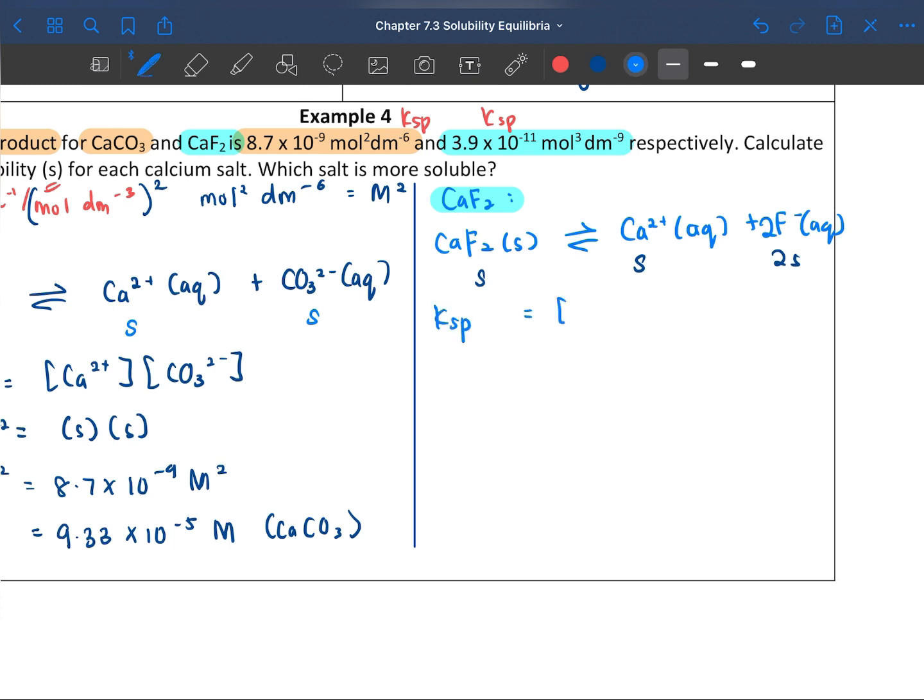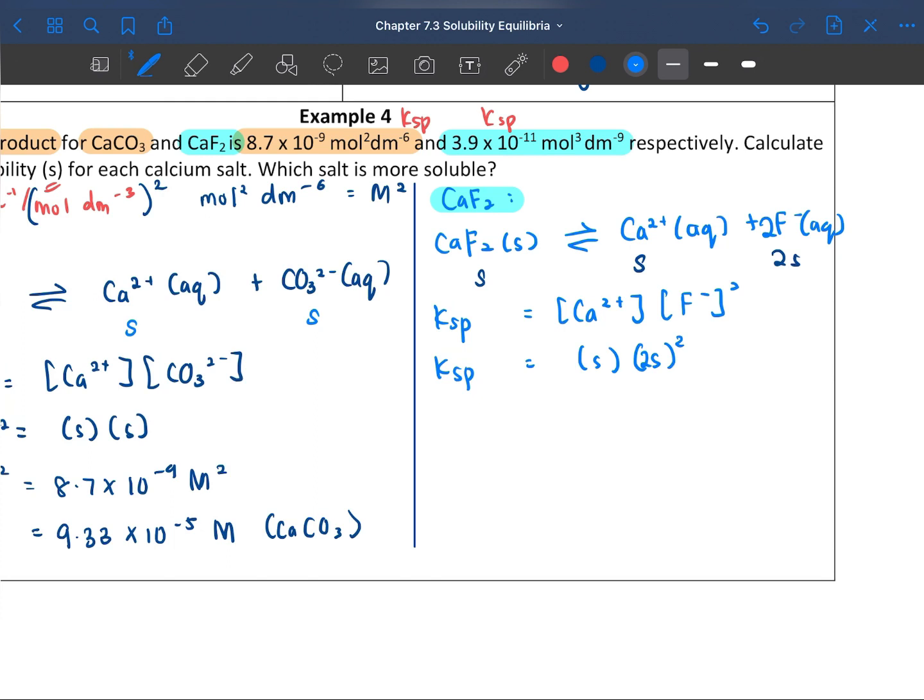KSP equal to concentration of Ca2+ to the power of 1 times concentration of F minus to the power of 2 because of the stoichiometry 2. Then plug in the S value: S times 2S squared. Ini 2S, lepas tu squaredkan lagi.